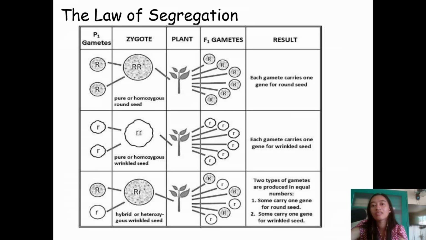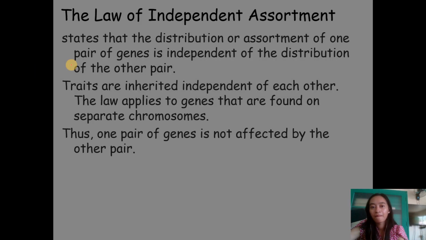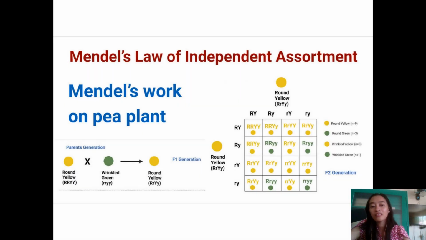This one is for independent assortment in a dihybrid cross. For example, you're going to mix different traits such as seed shape versus colors.